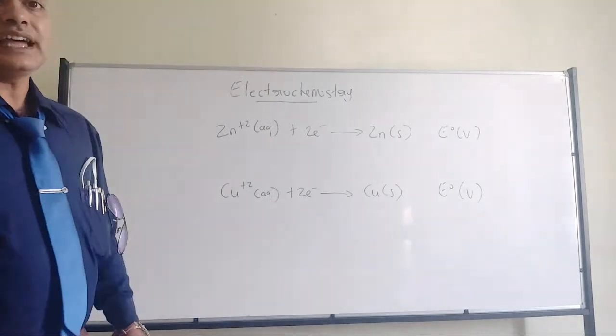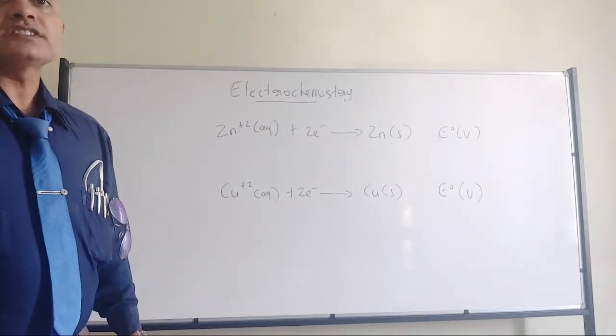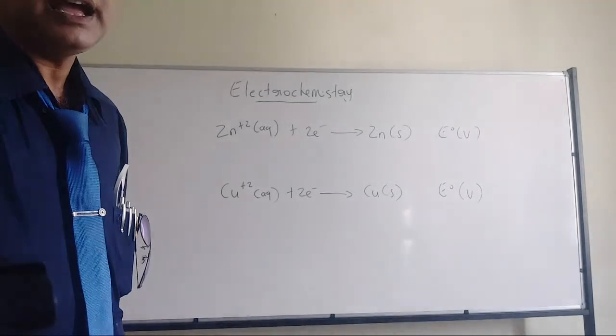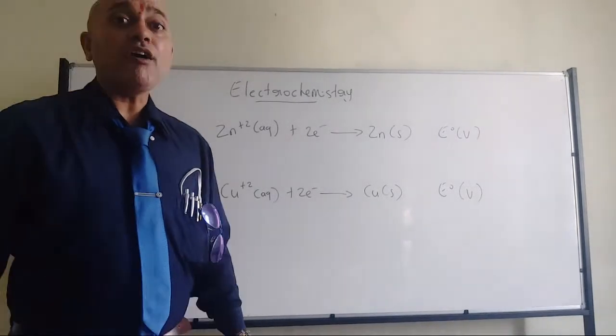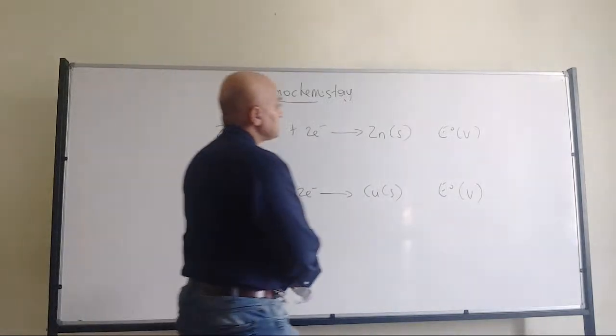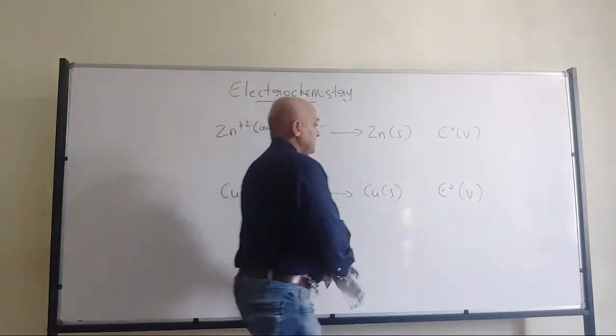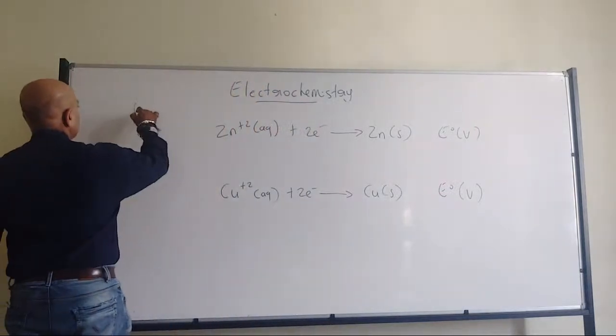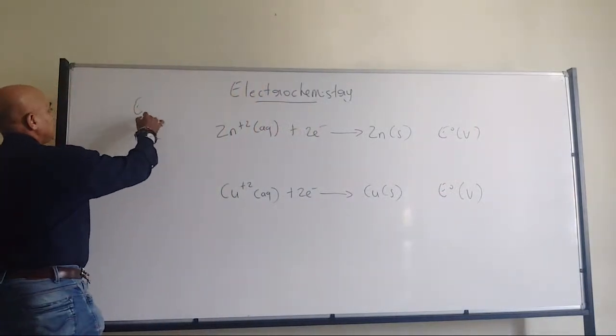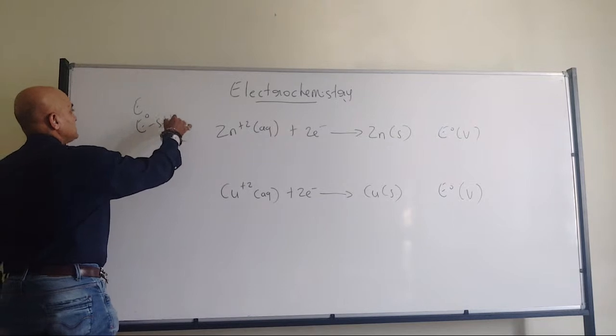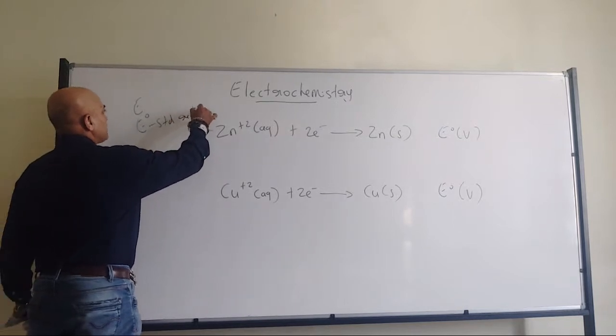Both will be having their respective redox potential. We will call it standard redox potential because of E naught. That is the difference between E and E naught. So this is nothing but standard redox potential.